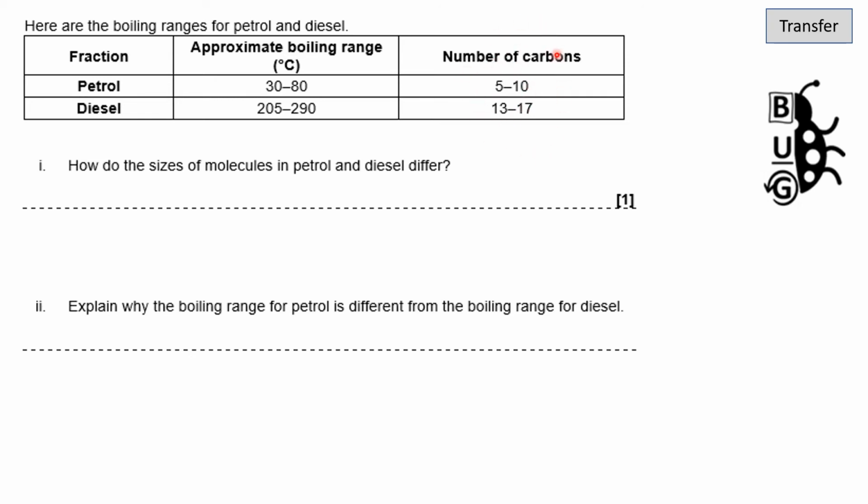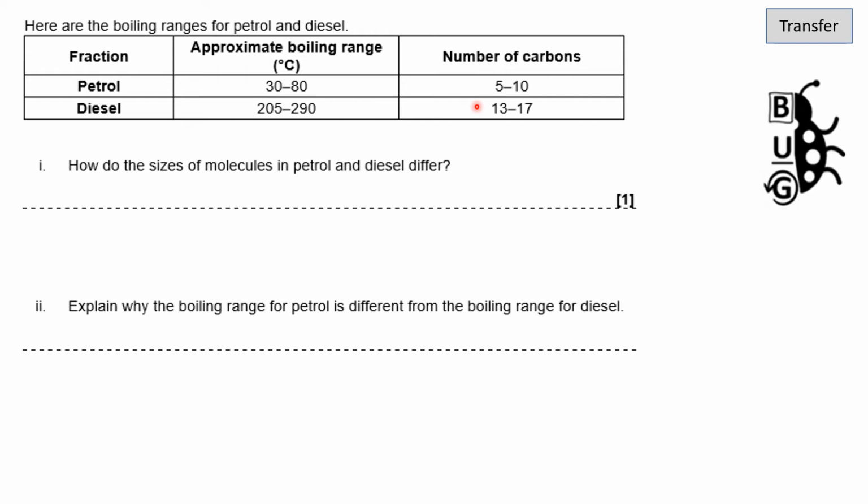It's probably going to be the number of carbons, isn't it? The number of carbon atoms, that's going to change the size of the molecule, isn't it? Okay, so I'm looking at this data here, number of carbons. And it says, how do the size of molecules in petrol and diesel differ? Well, petrol has got 5 to 10 carbons in it, and diesel has got 13 to 17 carbons in it.